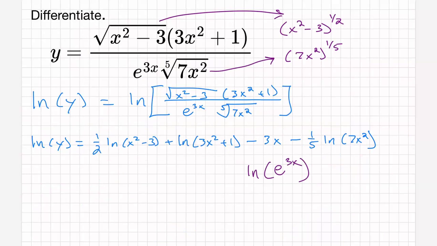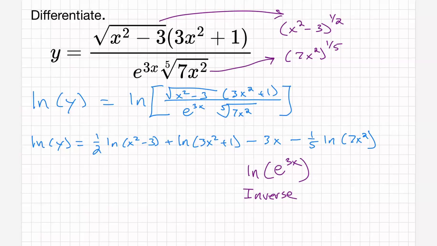But just remember, this would be that inverse property. Since it was e to the 3x, I can just put 3x here, just the exponent. But that's only because it's base e. If it was any other base, I wouldn't be able to do that. But because it's base e, we're good to go. Everyone follow me on that?